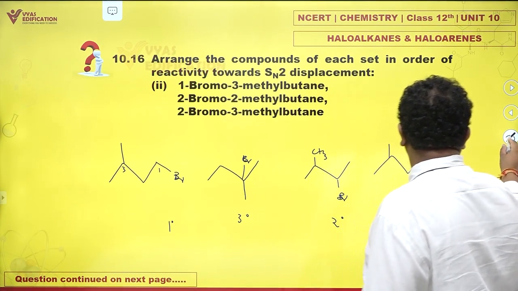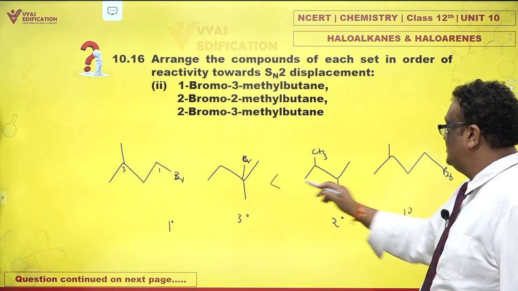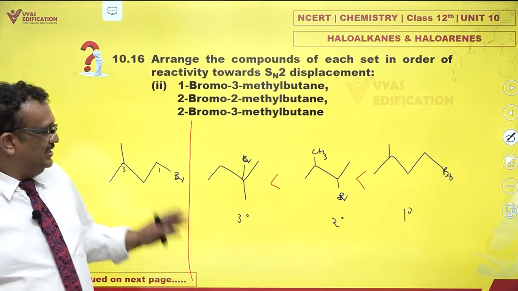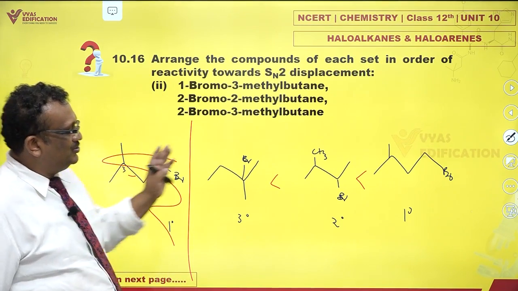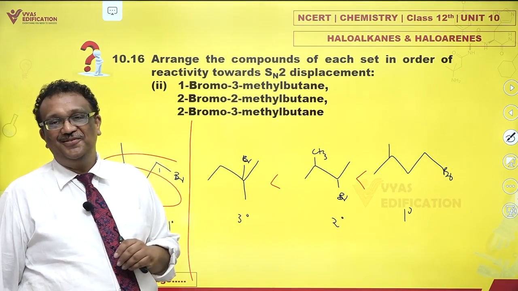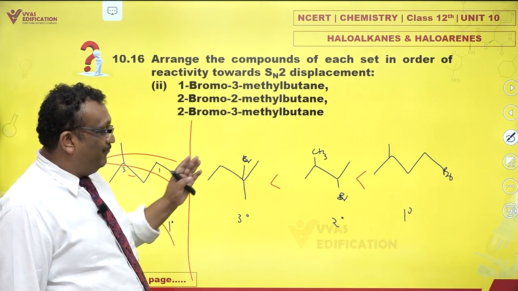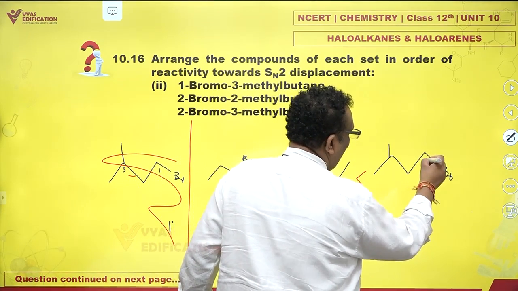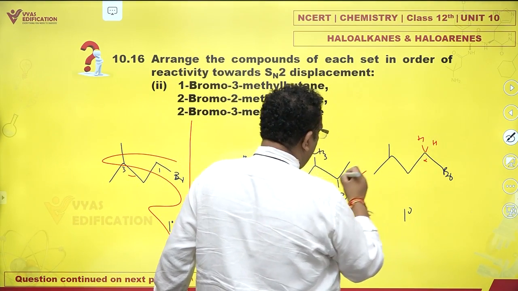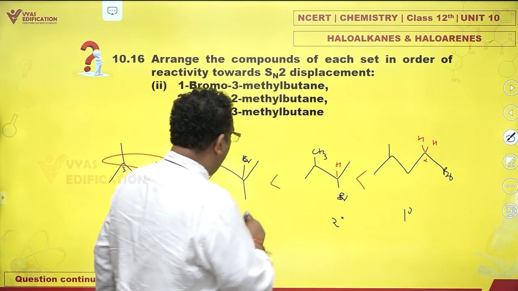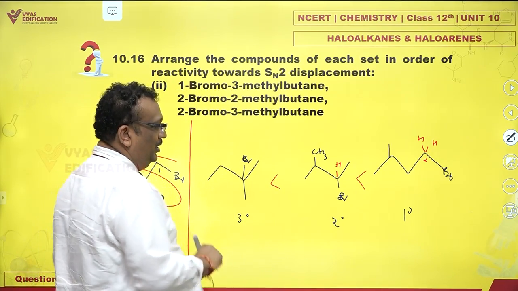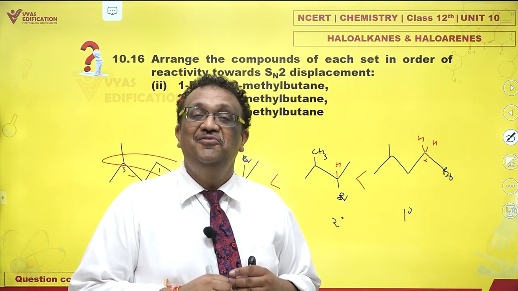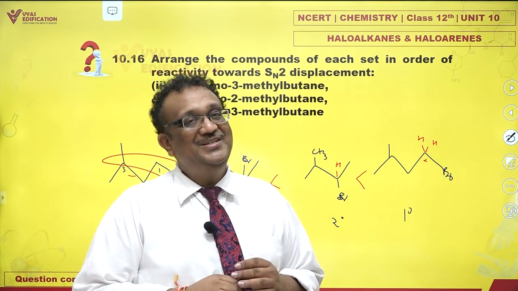This is the increasing order of rate. This is just a part of rough work, I have rewritten this, don't worry. This is the correct order. Why? Reason is the same. If you look at this alpha carbon, as it becomes more and more crowded, backside attack becomes sterically hindered, difficult, and the rate of SN2 decreases.